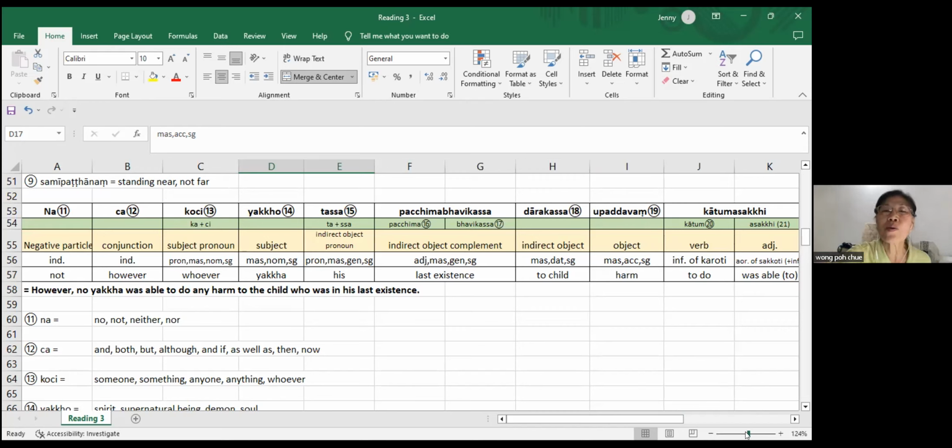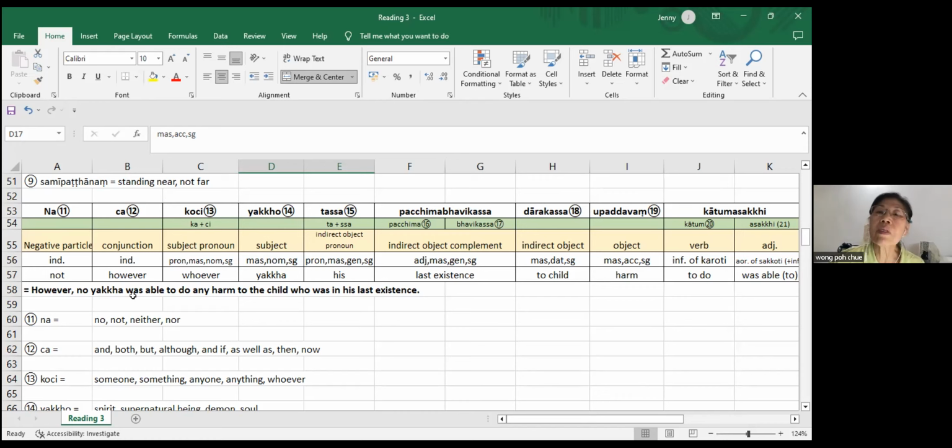So okay, I will go to the beginning of the sentence. This sentence starts with a negative. Na is a negative particle, indeclinable, meaning not, and cha is a conjunction, indeclinable, connecting the sentence. It can be disjunctive here, meaning however.